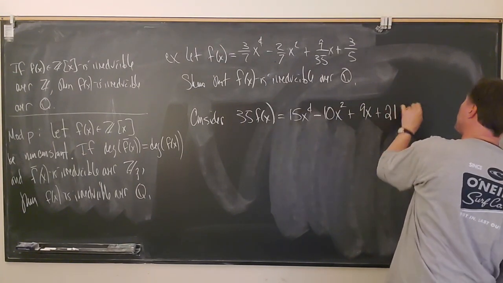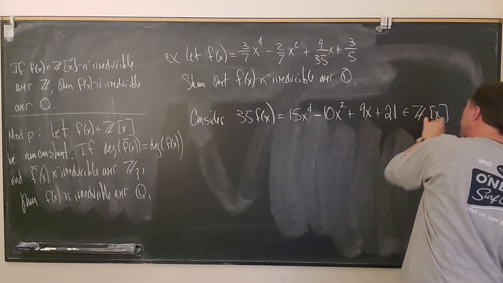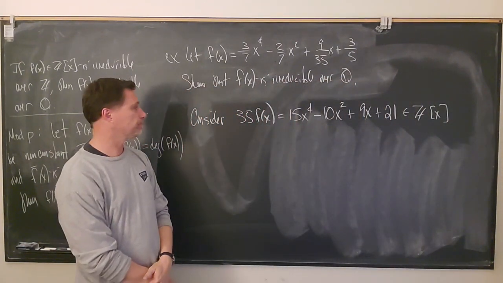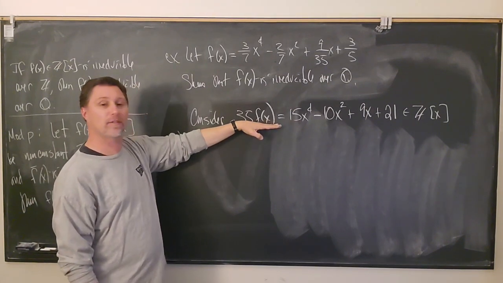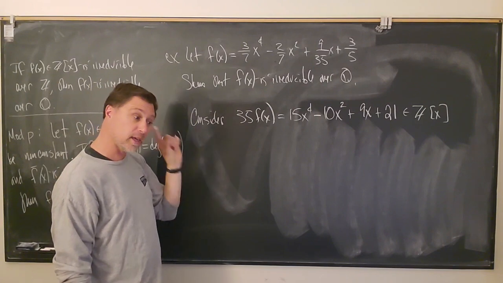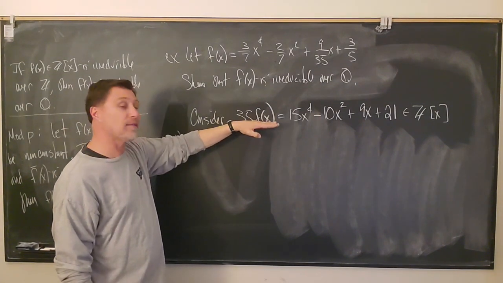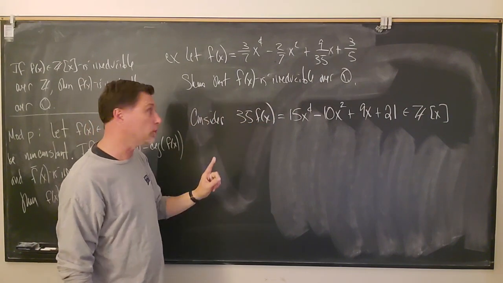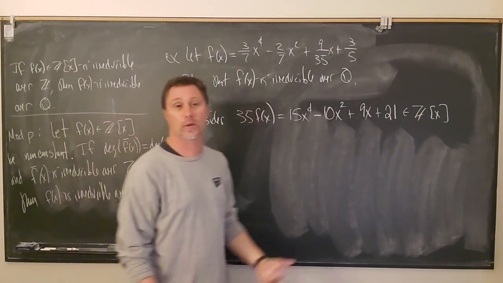Now we have a polynomial with integer coefficients, and we should observe that if we could factor f of x, then we could factor 35 f of x. So if we can show that 35 f of x is irreducible over Q, then we can conclude that the original f of x is also irreducible over Q.